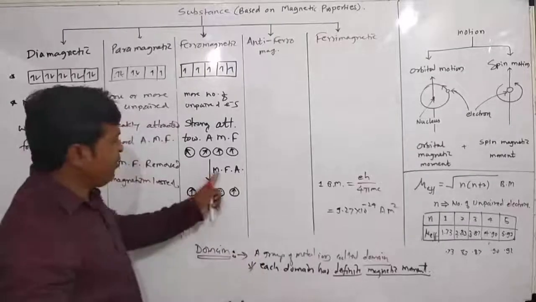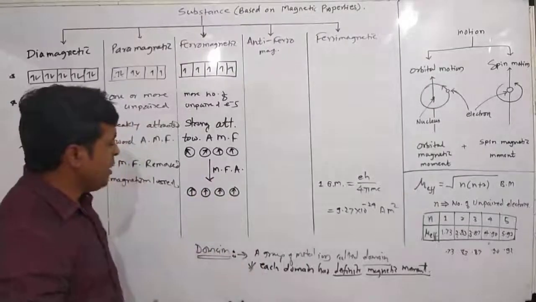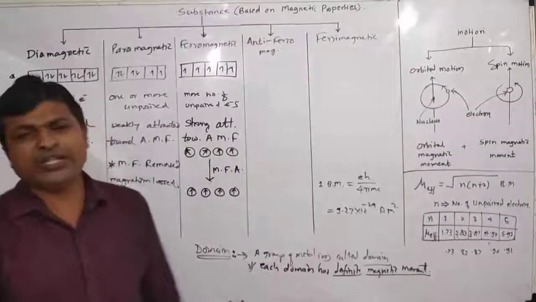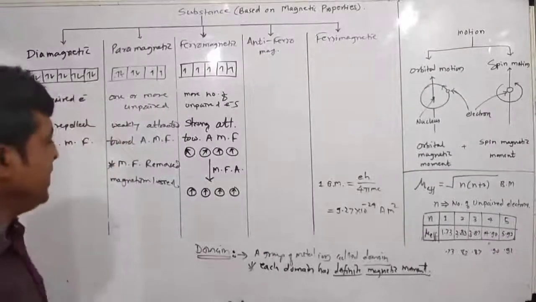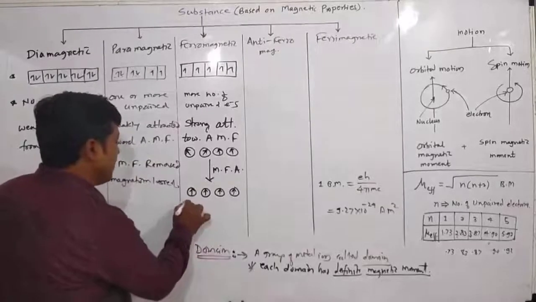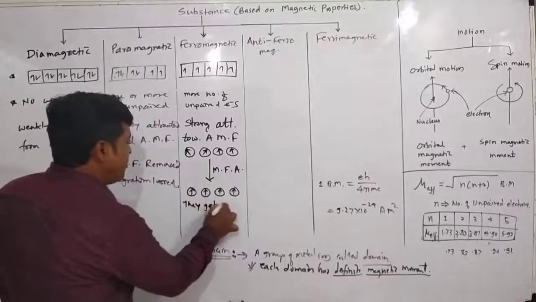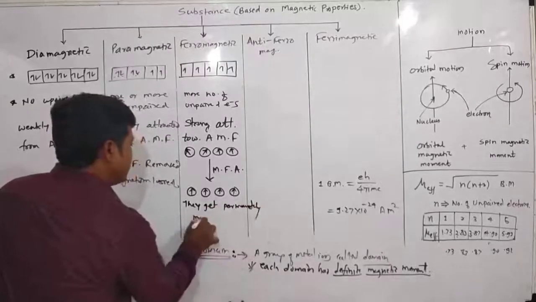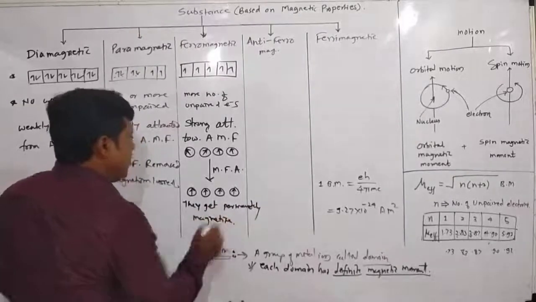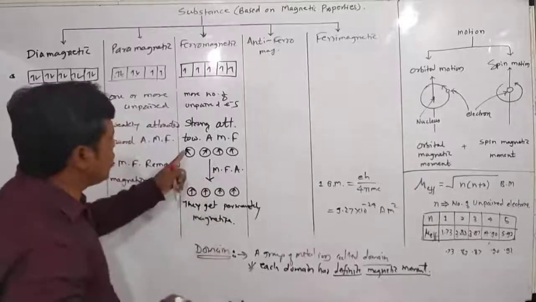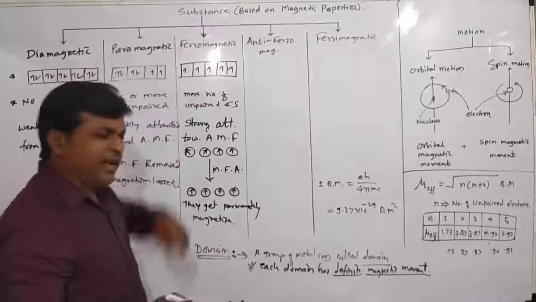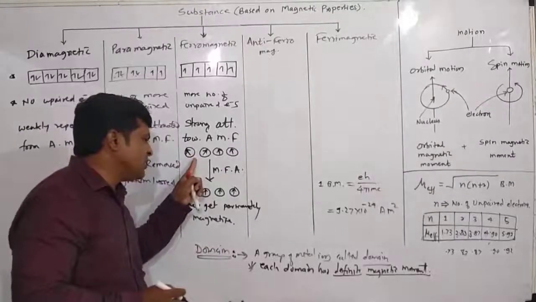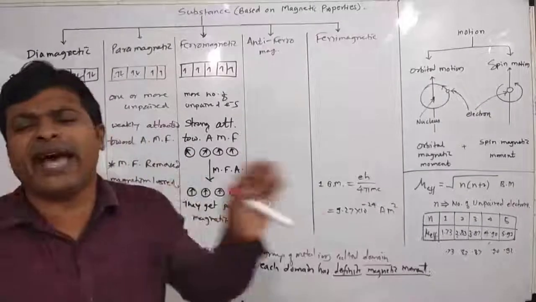When the magnetic field is removed, it does not return to the original condition. That means they get permanently magnetized. Once a magnetic field is applied to a ferromagnetic substance, it gets permanently magnetized.